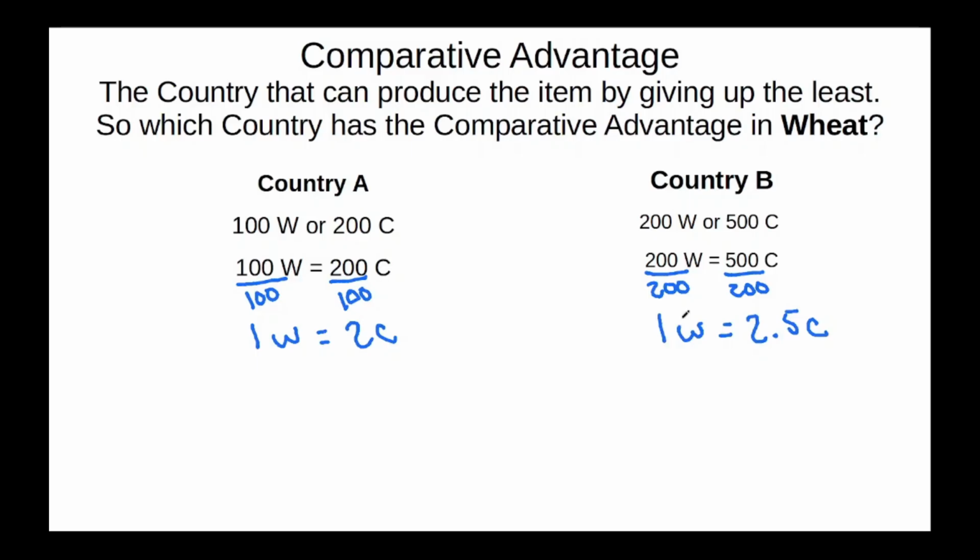So country A is going to end up where we had to give up least. And just to make it slightly more readable than my handwriting, I'll summarize it here at the bottom. For 1 wheat, we have to give up making 2 items of corn for country A, and for country B, for 1 wheat, we have to give up making 2.5.